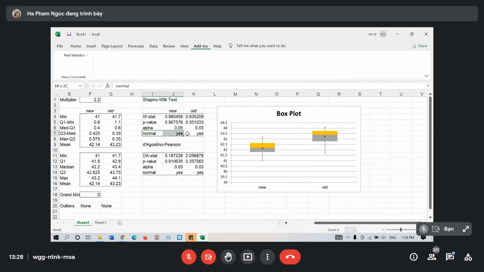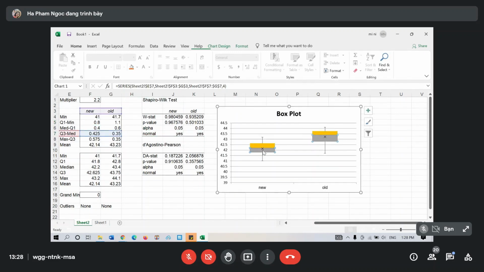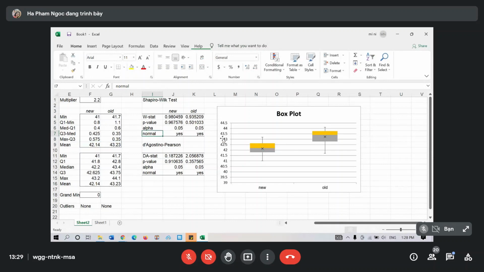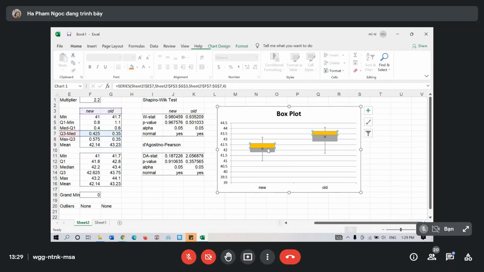So I see the box plot, and the mean value is at the middle of the box. The median or the mean? The line in the box. What is it? The middle line in the box.